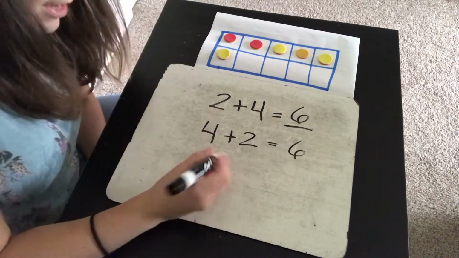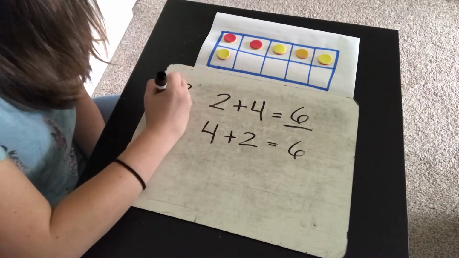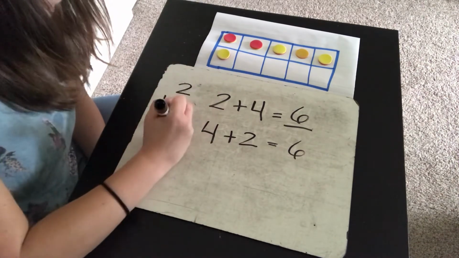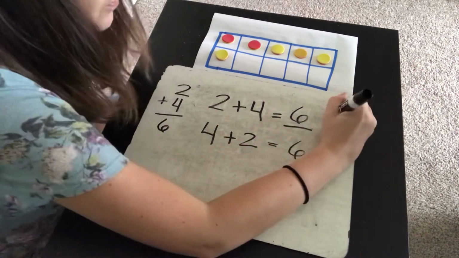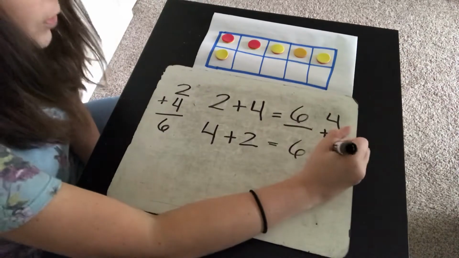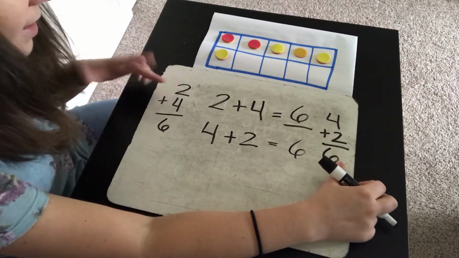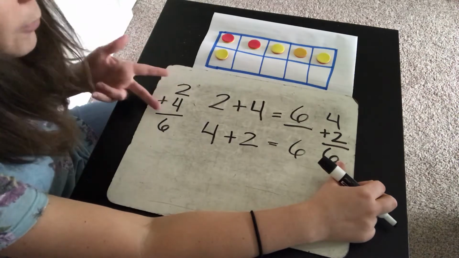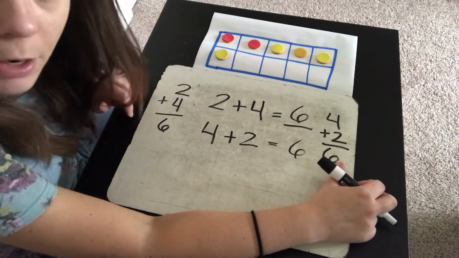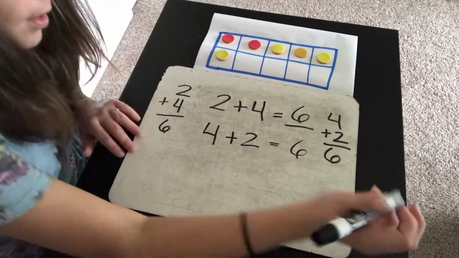So that's using the commutative property, and that's just when you flip your add-ins. It works just fine. And remember, I talked to you earlier this week about how these number sentences or equations can be written multiple different ways. I know I wrote these far apart, but these two are the same thing. The add-ins have just been swapped. They just swapped places. That's the commutative property. It still is going to equal 6 no matter which way you write it.